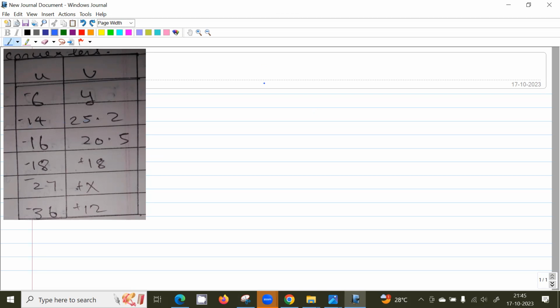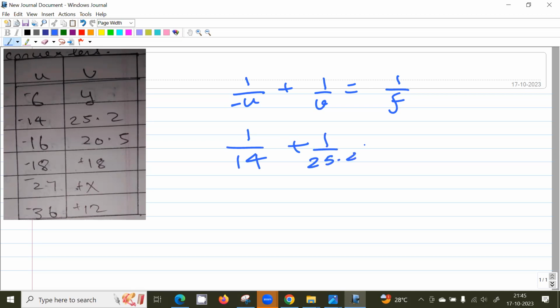So if I use the lens formula, 1 by V minus 1 by U equals 1 by F. So there should be a minus sign here, because for a convex lens, U is negative, and V and F are positive for us. So with the second data, I'll get 1 by 14 plus 1 by 25.2 is 1 by F. So this you have to solve.